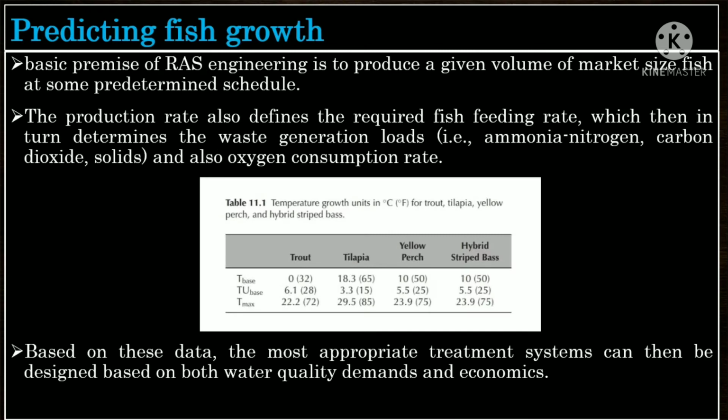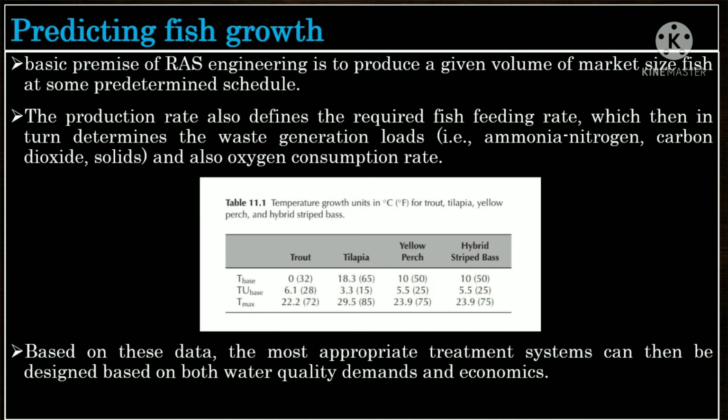So predicting the fish growth, the production rate also defines the required fish feeding rate, which in turn determines the waste generation loads, for example the ammonia nitrogen, the carbon dioxide, and solids, and also the oxygen consumption rate.